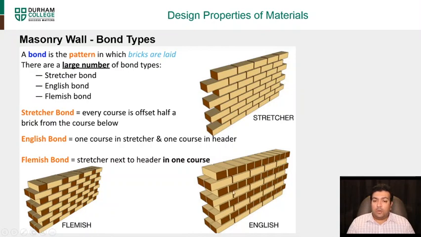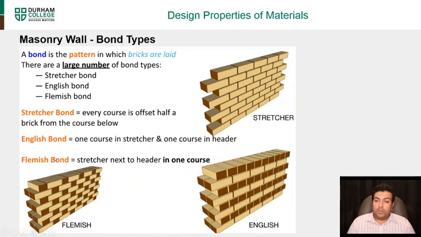In an English bond, which is down here, you can see one course is a stretcher and one course is a header. So one course is a straight line of stretchers, and the one on top is a header. So they're all laid on the side or perpendicular.